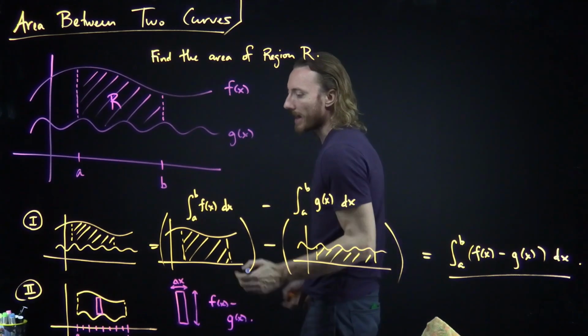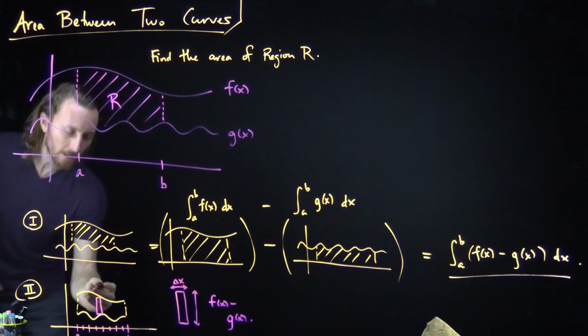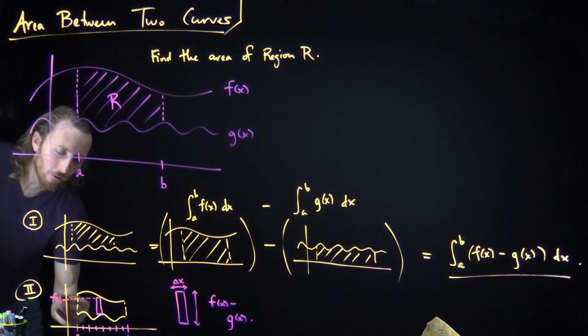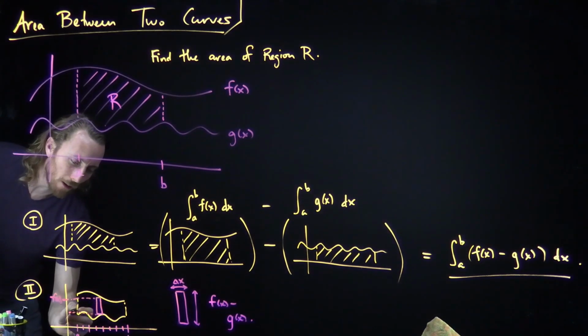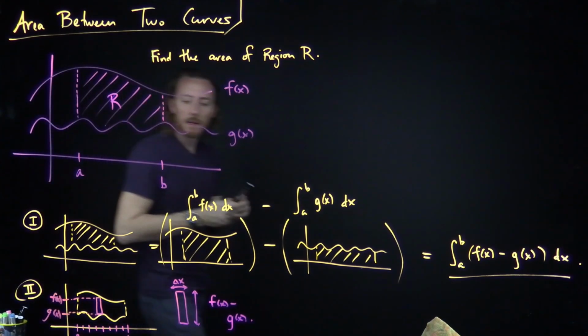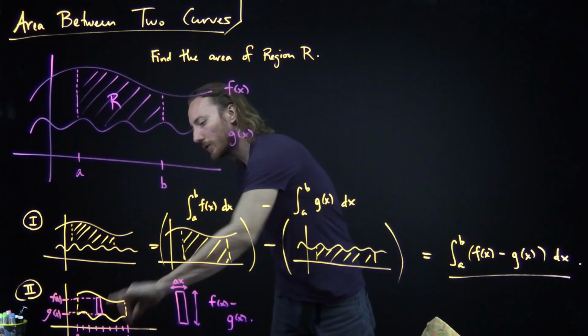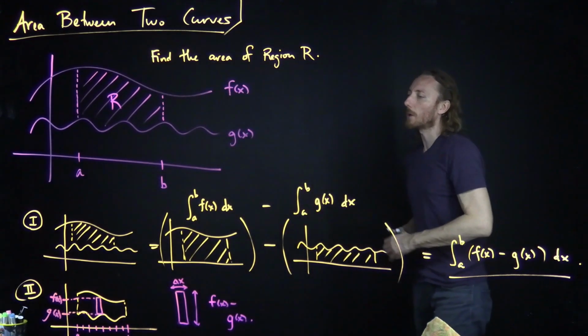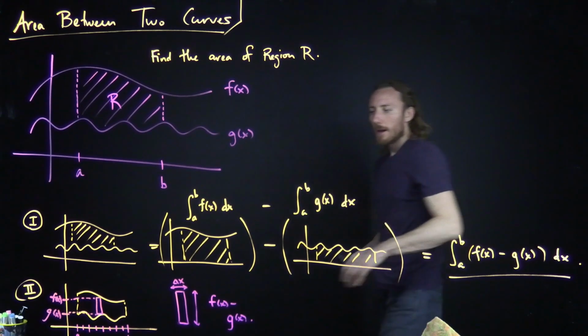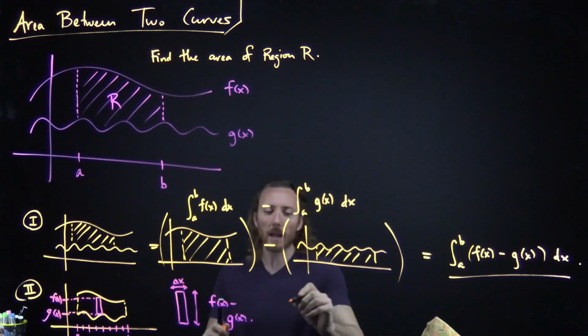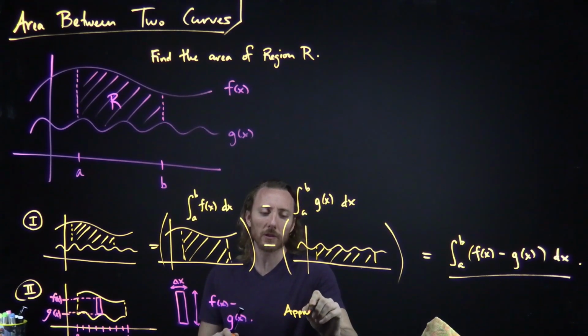But the height of that, since the height up here at the top is the height of function f, and the height down here at the bottom of the rectangle is the height of function g, the height of the rectangle itself is just its top value minus its bottom value, right? Big one minus little one will give you the distance in between, and ultimately that would be f of x minus g of x.